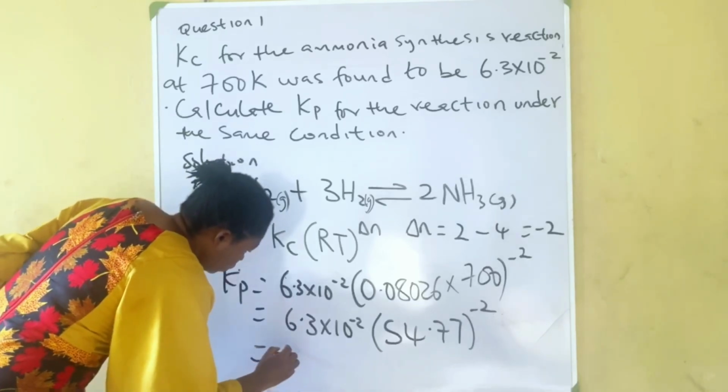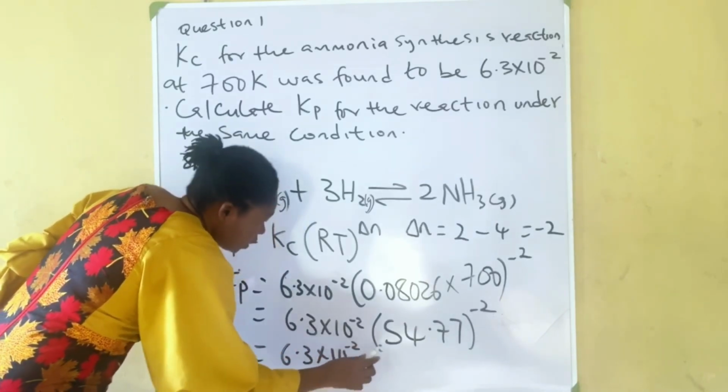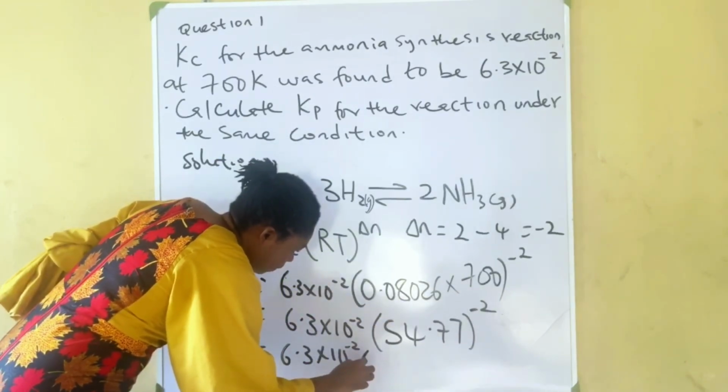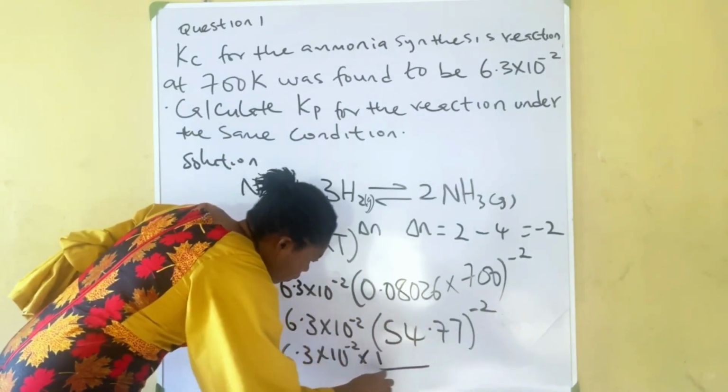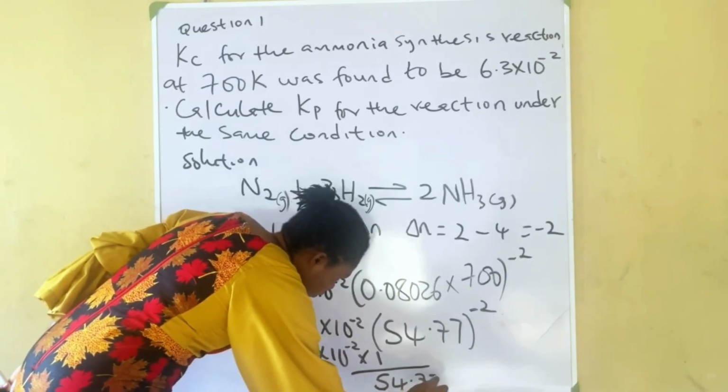So 6.3 times 10 raised to the power minus 2, when you multiply 0.08206 by 700, you'll have 57.4 raised to the power minus 2. So that equals 6.3 times 10 raised to the power minus 2 times 1 over 57.4 squared.